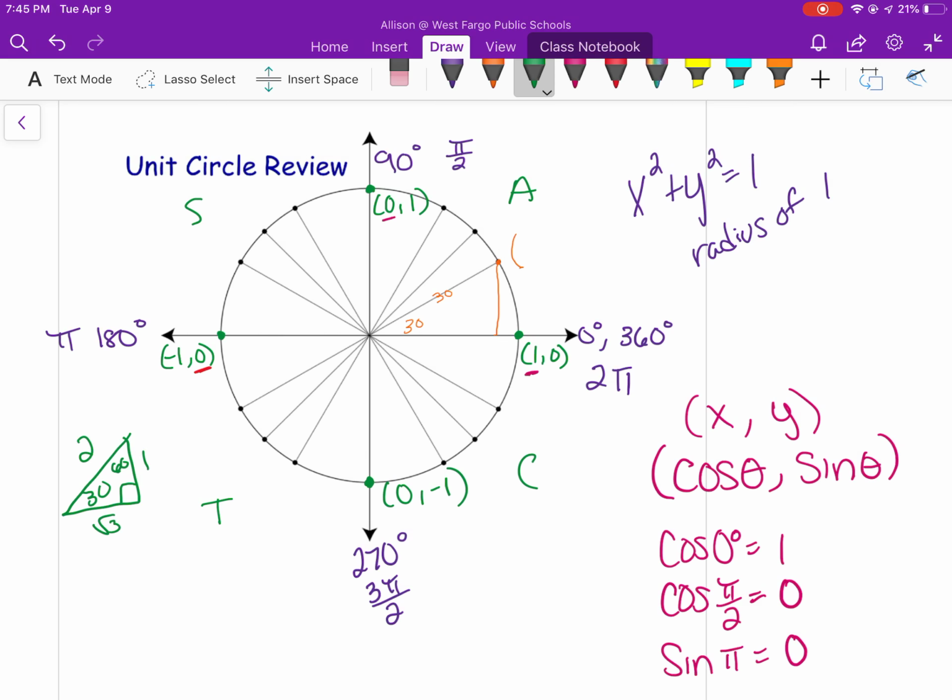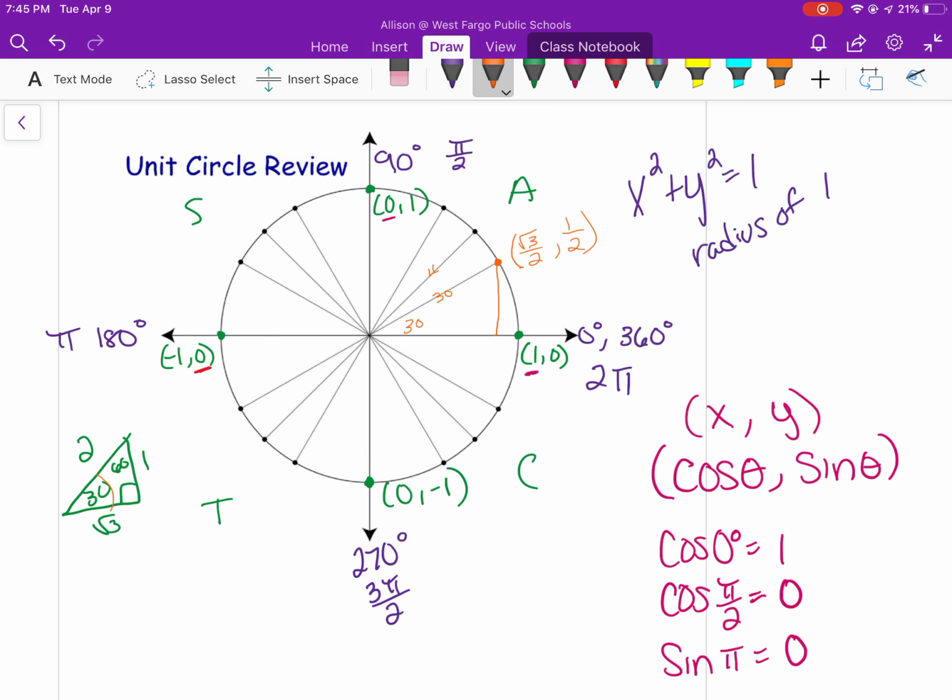This point corresponds to the cosine and sine of 30 degrees. So cosine would be the square root of 3 over 2, and sine of 30 would be 1/2. So that's the xy coordinate that corresponds to that point.